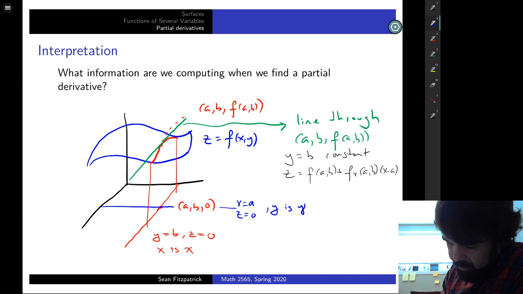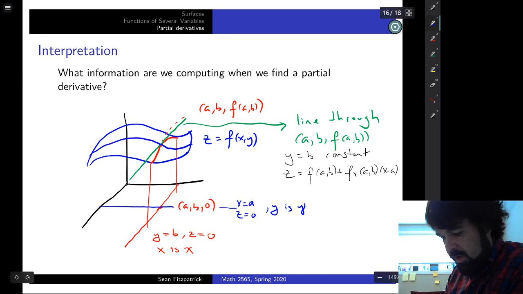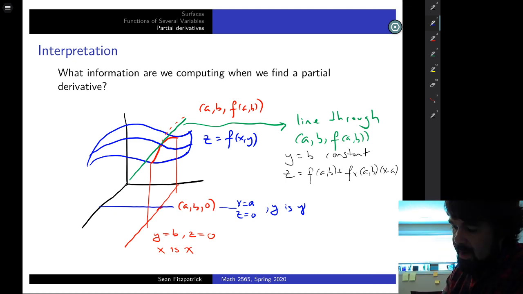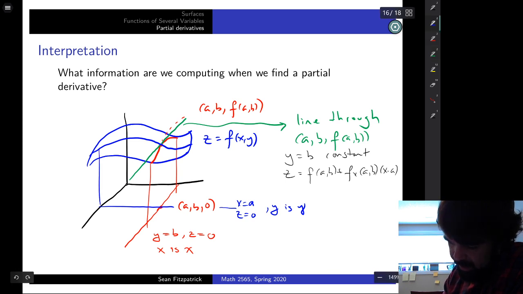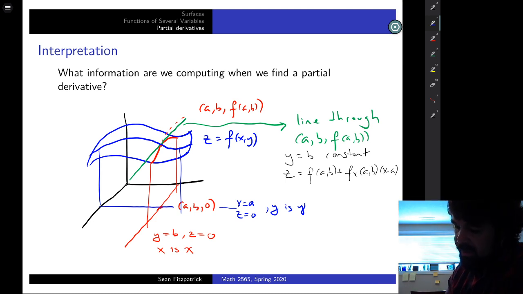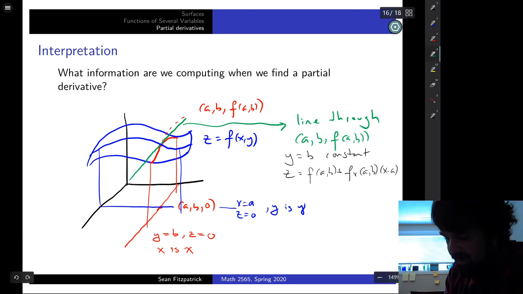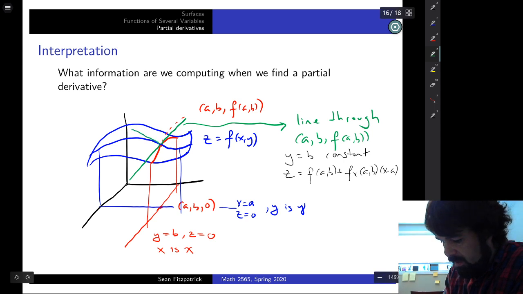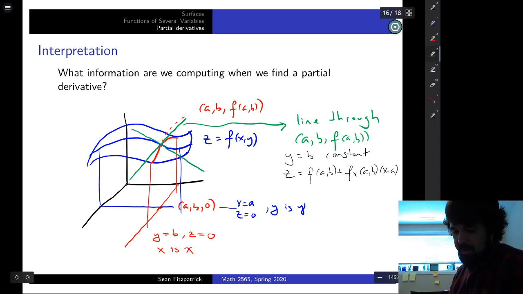And so that is going to correspond to another curve on the surface going that way. If I think about that as something sitting in this plane, parallel to the yz plane, I can think about the slope of the tangent line to that curve. I can think about that tangent there.